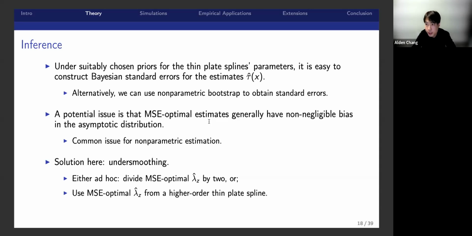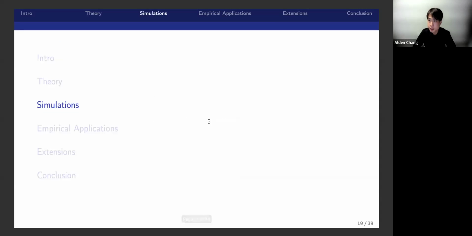And when I do that, the bias will be, quote unquote, negligible in the asymptotic distribution, and we can conduct correct inference. So that's all for the theory. Any questions at this point?